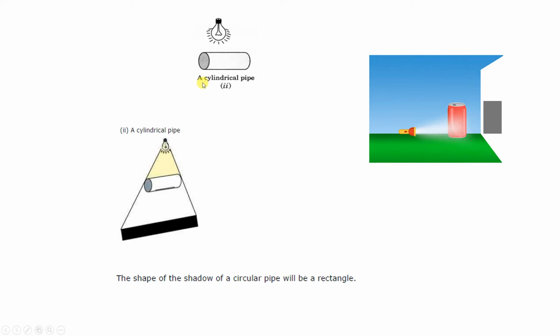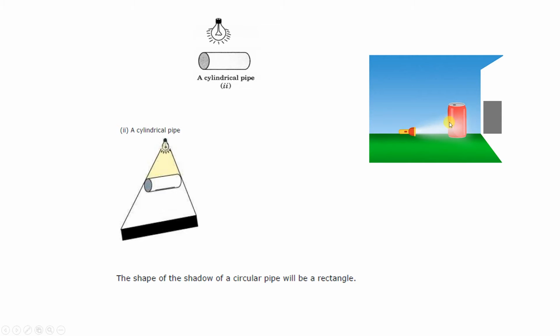Next, a cylindrical pipe. So here when we put a cylindrical pipe below the bulb, its shadow looks like a rectangle. For example, here also in this second figure, there is a cylindrical pipe-like structure, which is nothing but a can. Now you have seen this cold drink can.